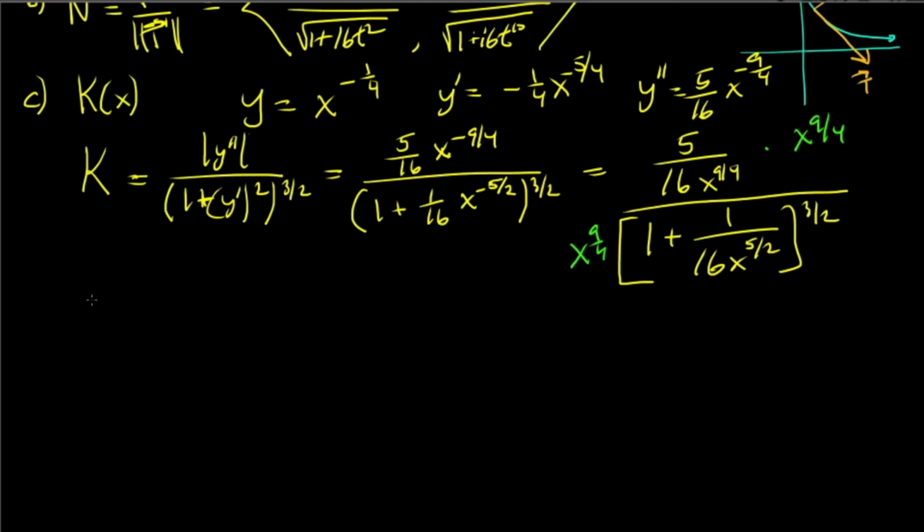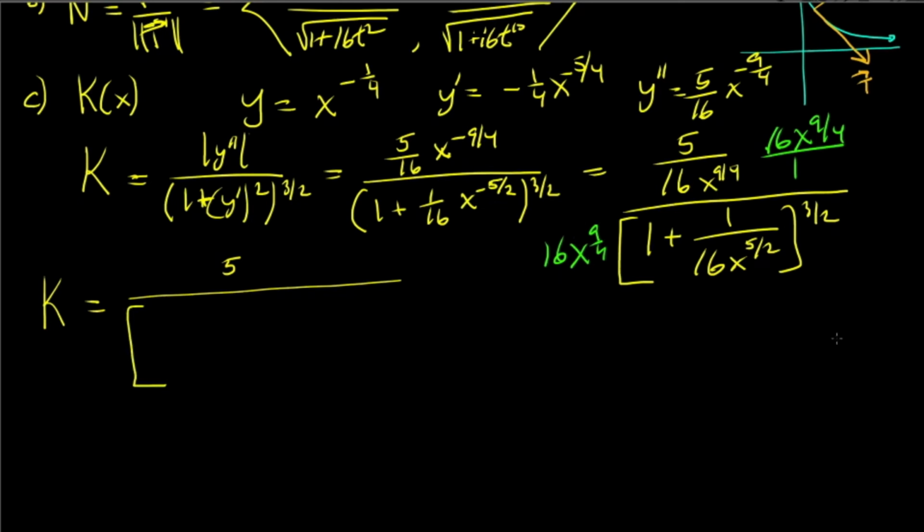So for the numerator then, you're just going to get 5 over 16. Oh, multiply by 16 too. Why not? So now the numerator is just 5. And the denominator, if we have to bring this inside the square root and cube it, this might not be as easy as I thought. That means we write this to the power 2/3 then.